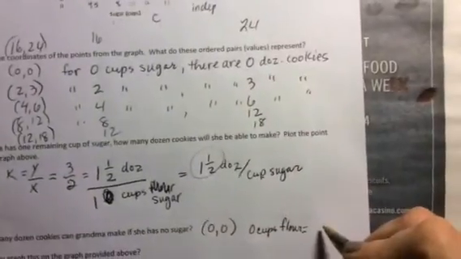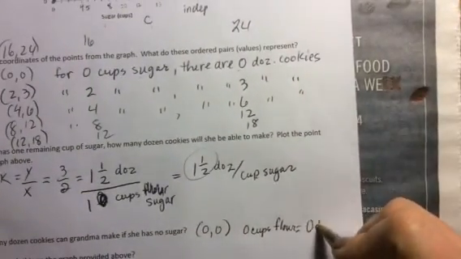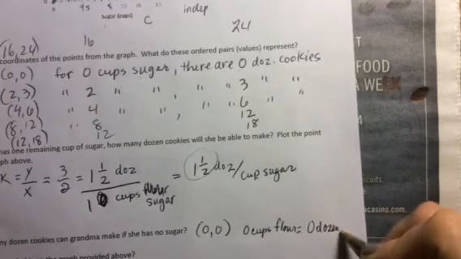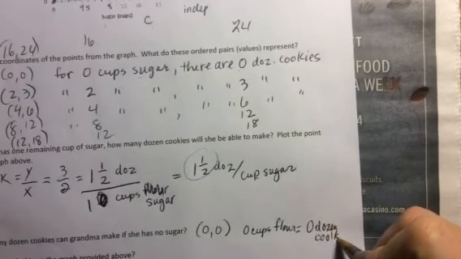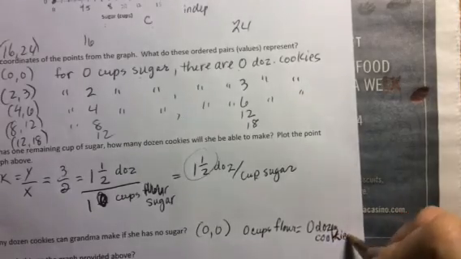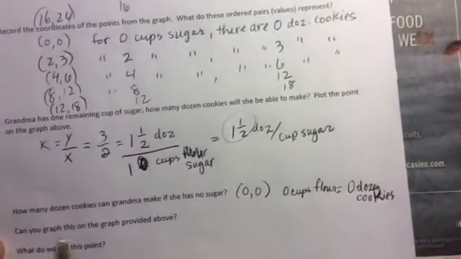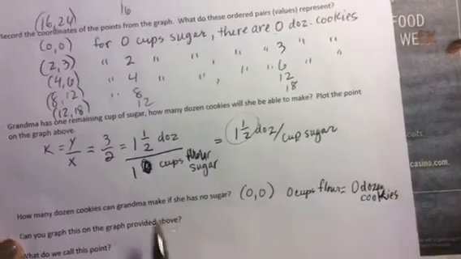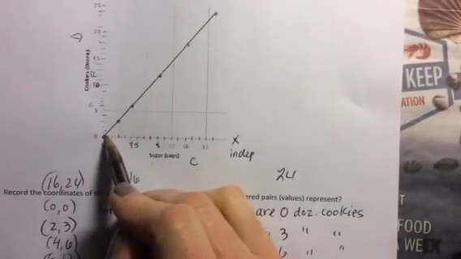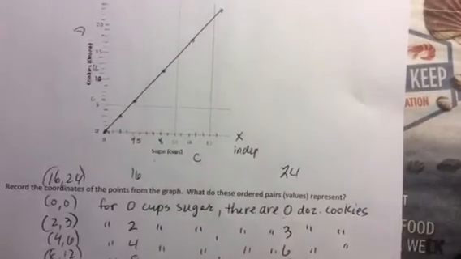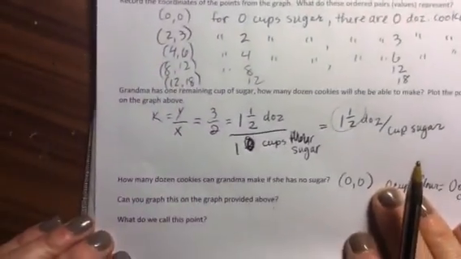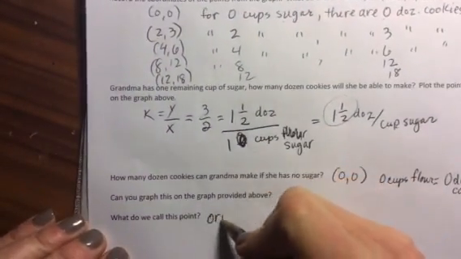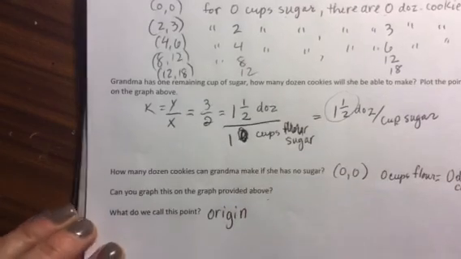Can you graph this on the graph provided? Well, we already did. It's right there at 0, 0. And what do we call this point? We call this point the origin. All right, we're finished.